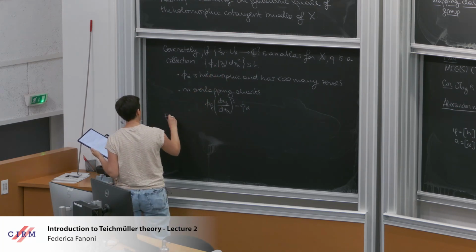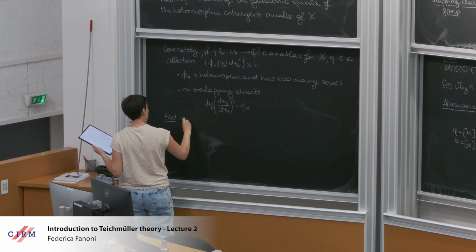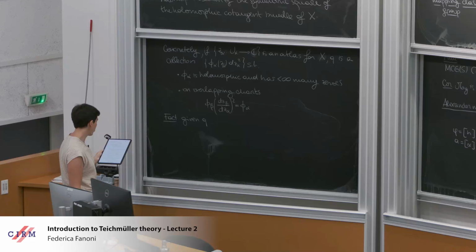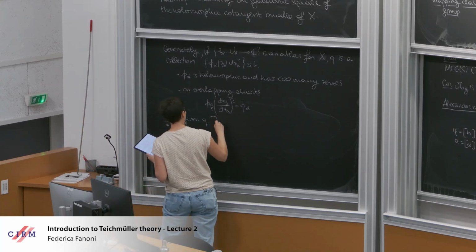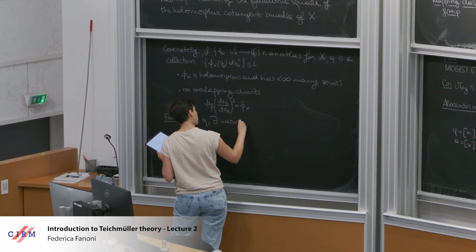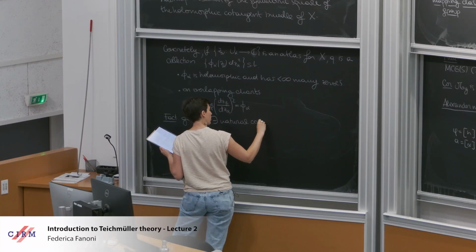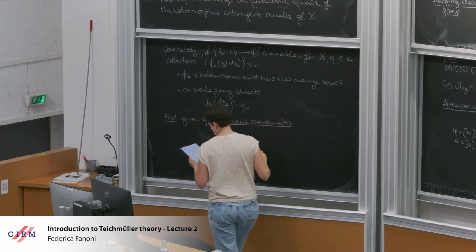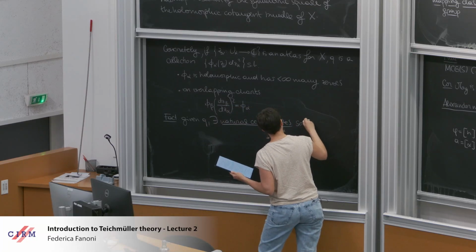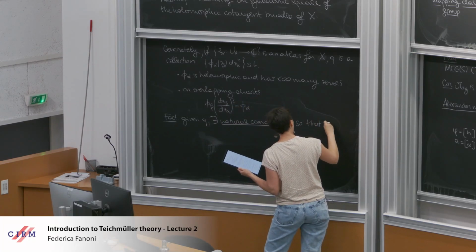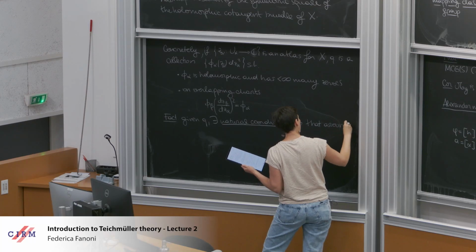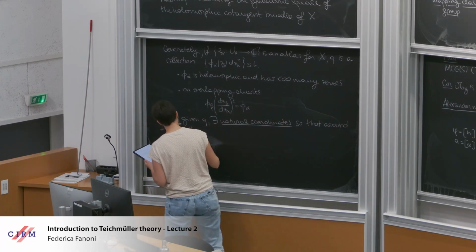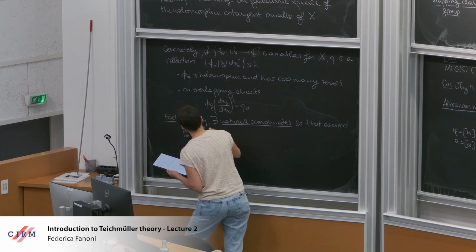So given Q, a holomorphic quadratic differential, there exist coordinates we call natural coordinates associated to this, so that around each point P in X, Q is of the form Z to the K, dZ squared, where K is some integer bigger or equal than 0.